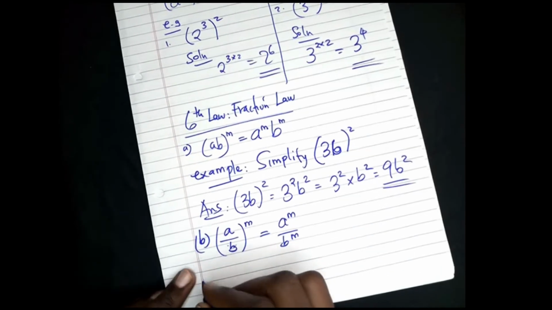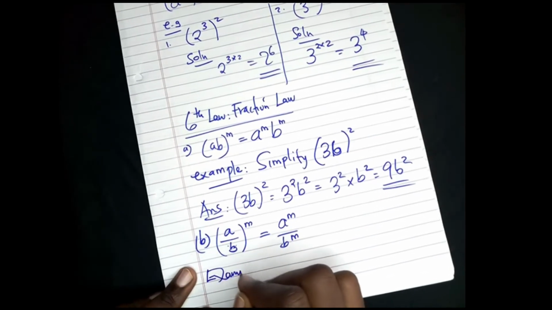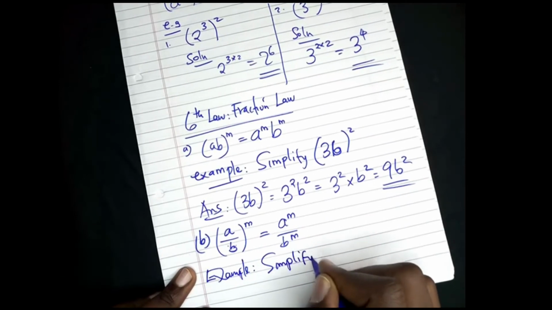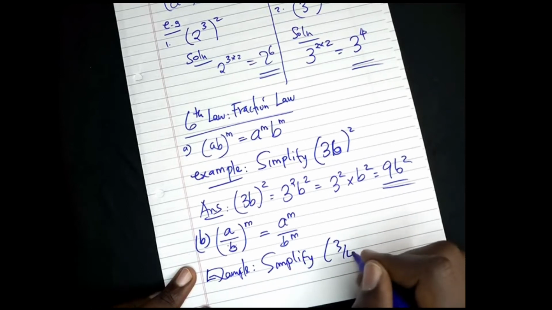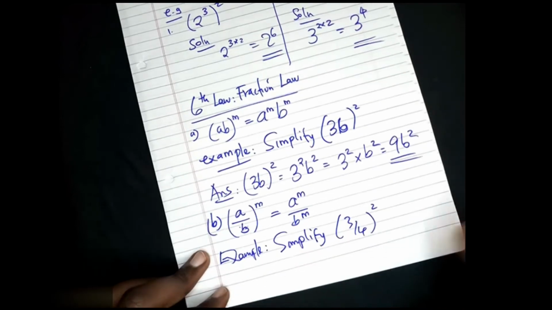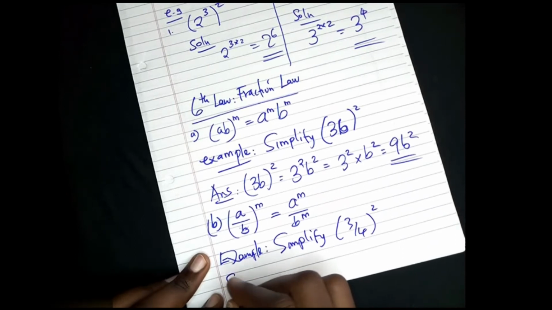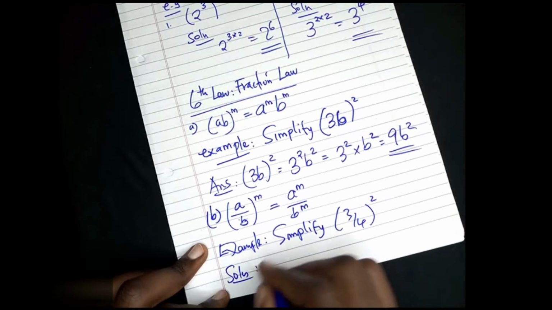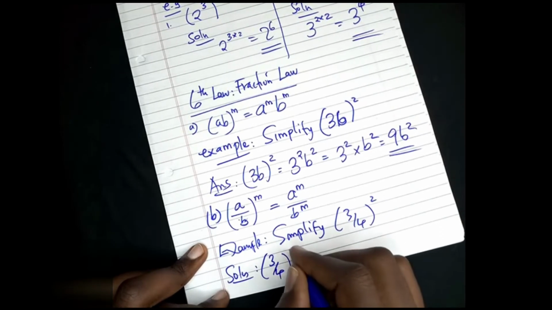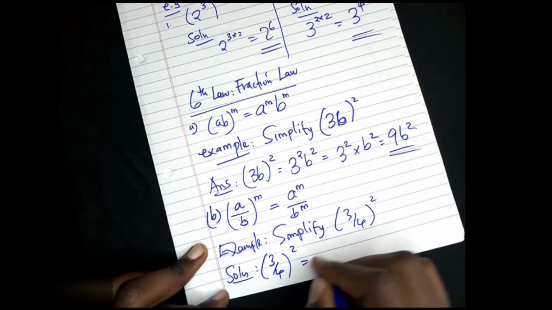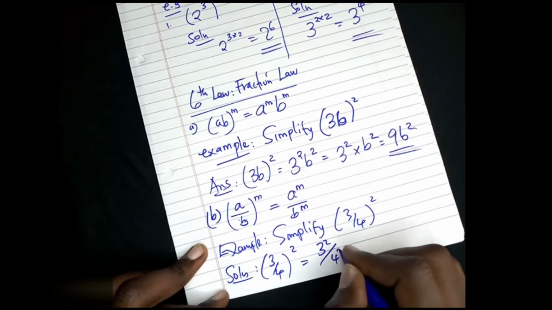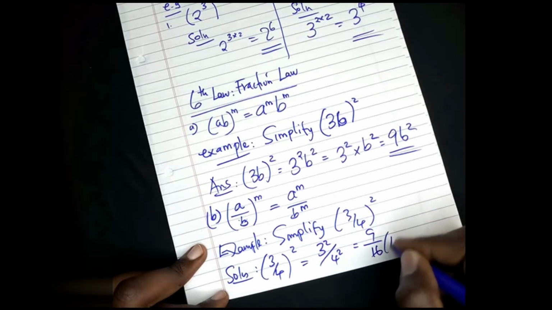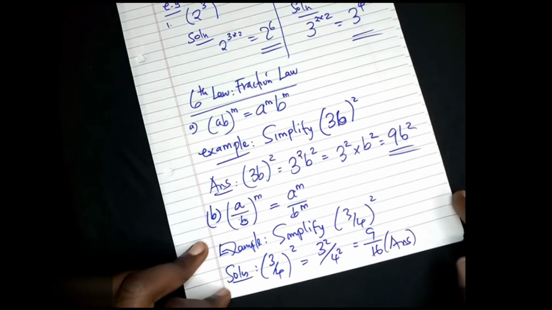And therefore, if we have an example, simplify 3 over 4 squared, solution, what happens is that if we have 3 over 4 squared, it will be 3 squared over 4 squared. 3 squared is 9 over 4 squared is 16, and this becomes our answer.